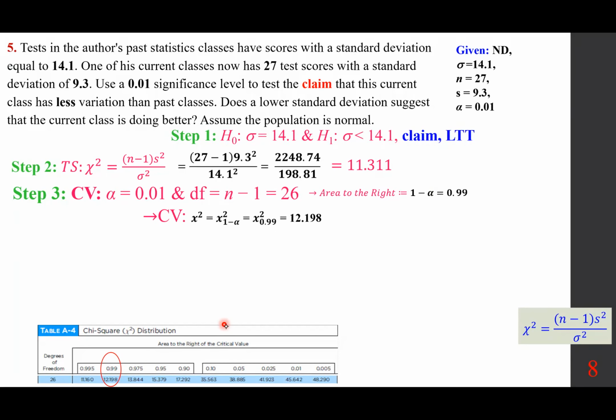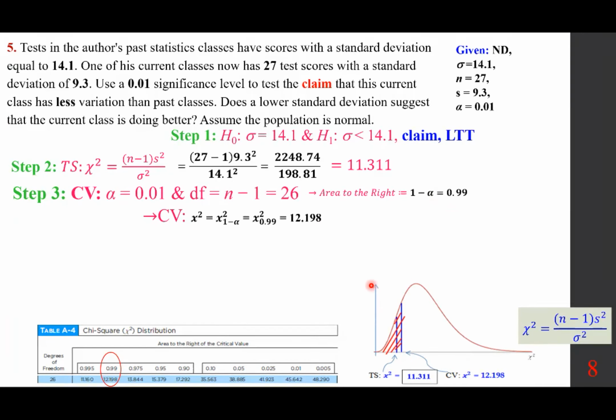So the critical value is 12.198. When you graph it, you compare the location. Here's the chi-square. First, you start with the critical value, which has the value of 12.198. And by the way, remember that the chi-square starts from 0 and goes to infinity. We don't have negative values.